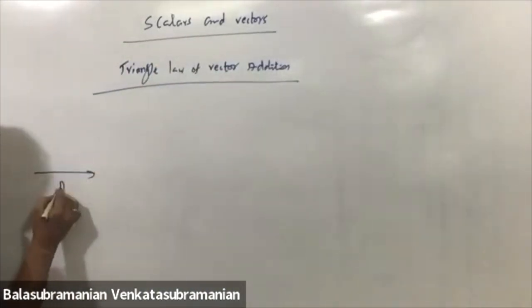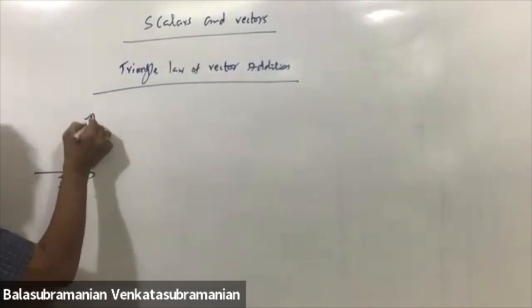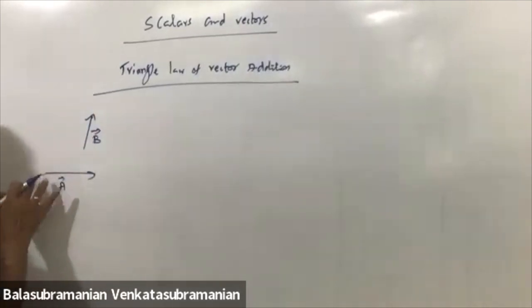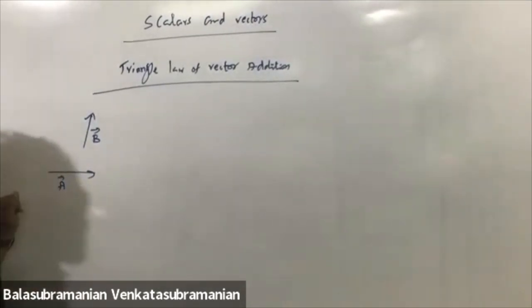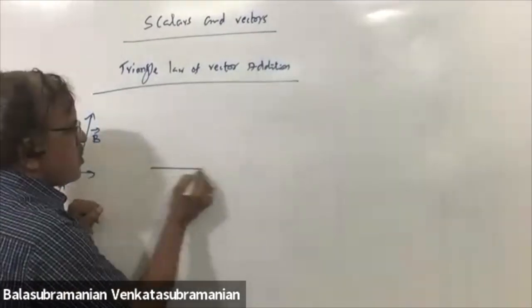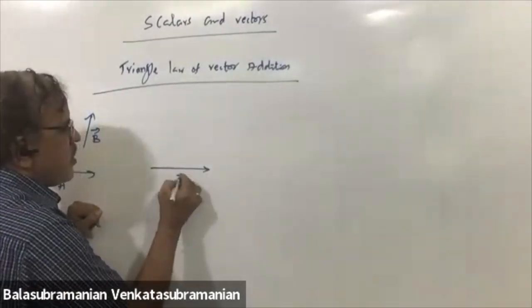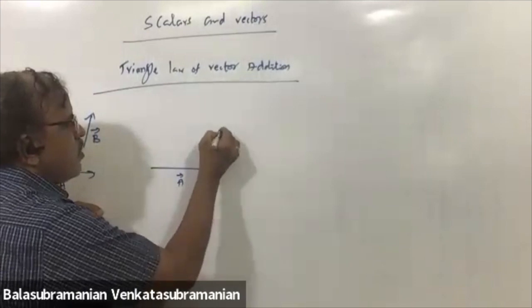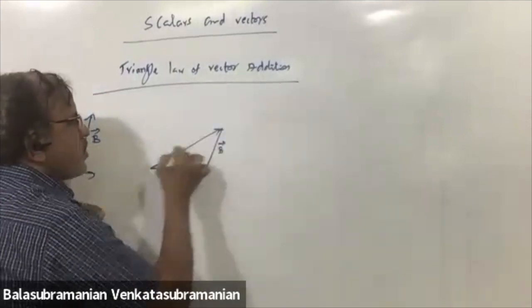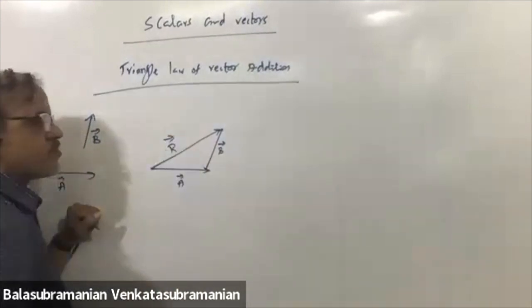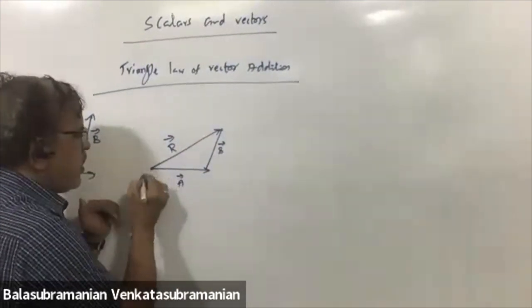Vector A and vector B. So represent the A vector, the B vector, and the resultant vector. Starting point is O.